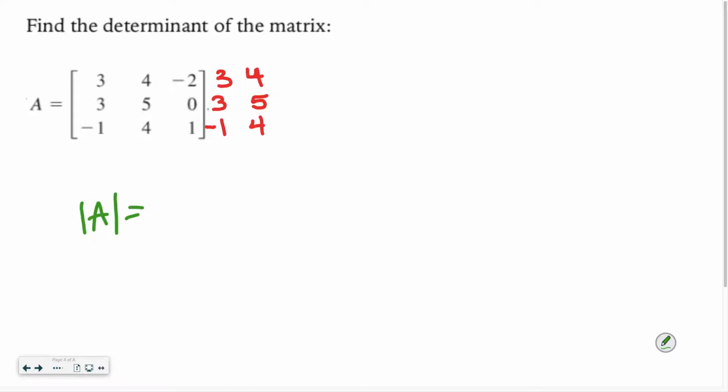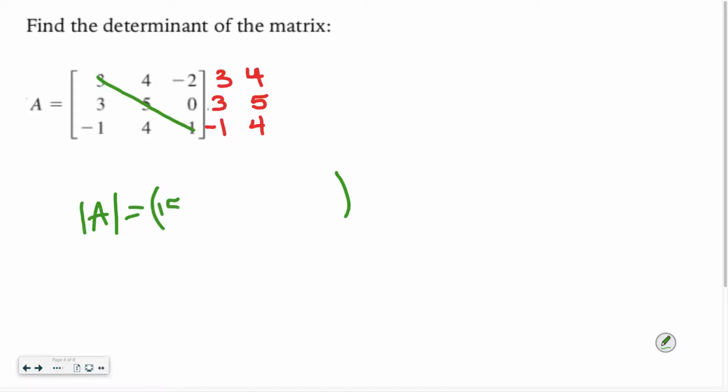Okay, so for our determinant, please put these in parentheses so we can group them together. We can multiply in our head, and I would even trace it. What is 3 times 5 times 1?